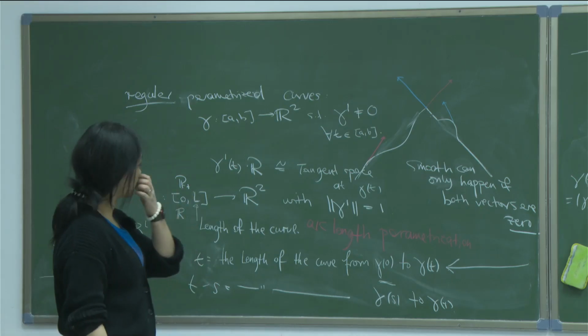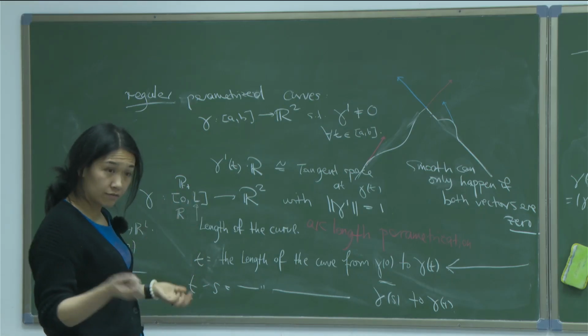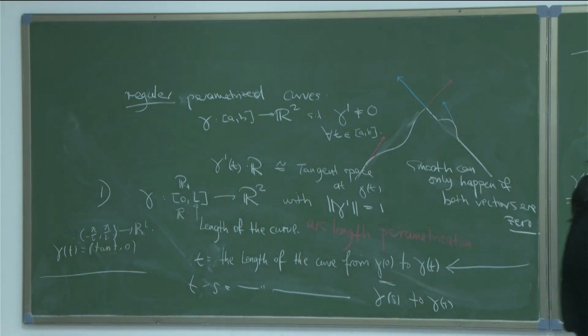Okay, so now you have a curve, basically a road, and you drive through it. The question is, how do you measure whether you are on a straight line or on a curve which is curved? How do you measure that? What do you think?